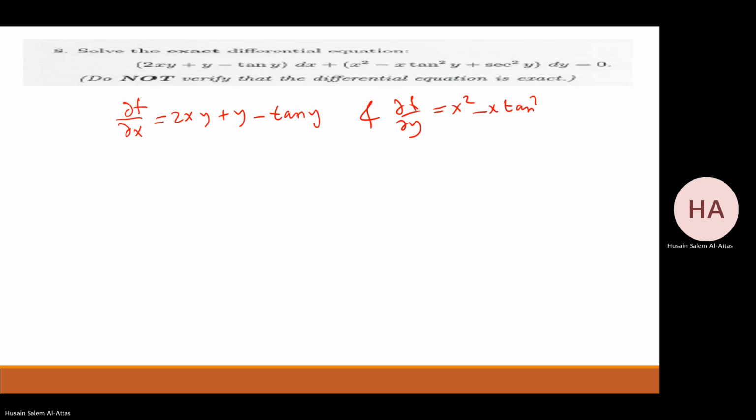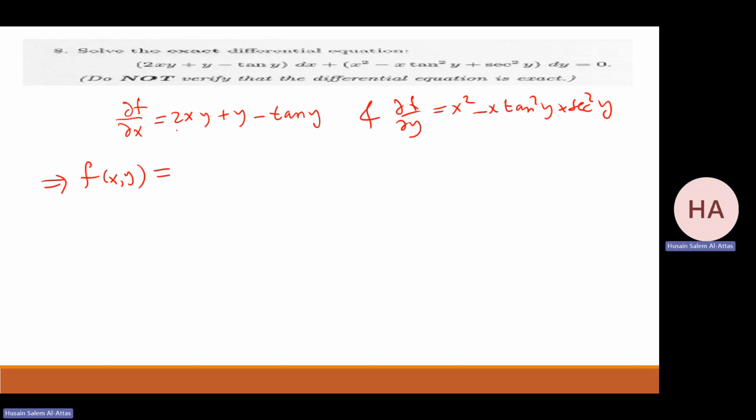Solve the exact. He said it's exact, so I need to do the calculation. Now, okay, partial f with partial x, and partial f with partial y. Okay, what will be f of x and y?